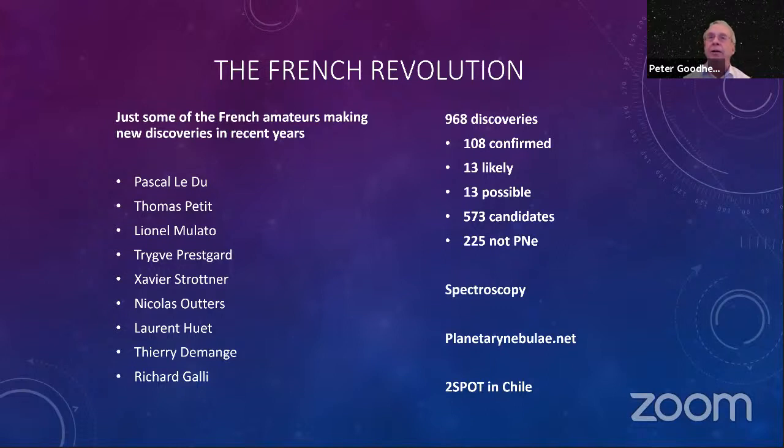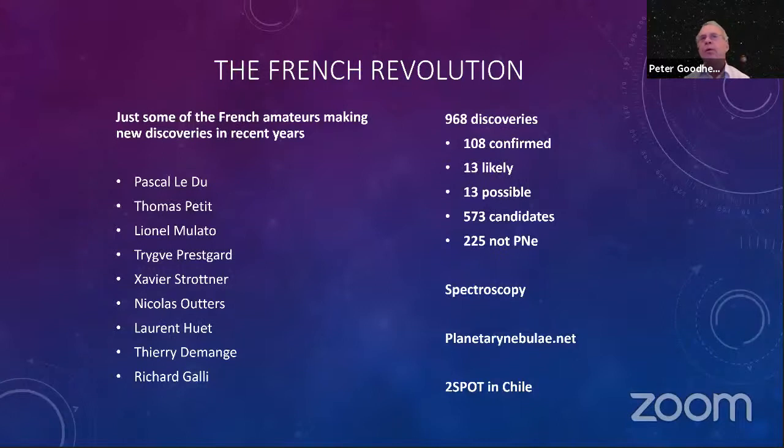Of those, 108 are confirmed, 13 are considered likely to be planetary nebulae, 13 are possible, another 573 we've yet to figure out whether they are or not, and I'll come on to some of the challenges there. And 225 have been included as not being planetary nebulae; they might be supernova remnants or other things.